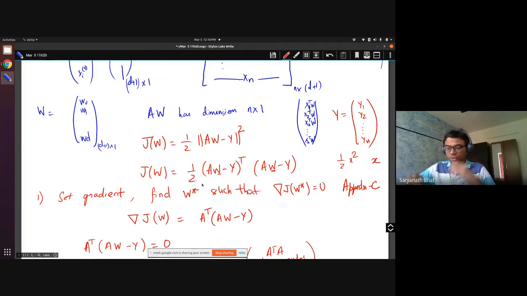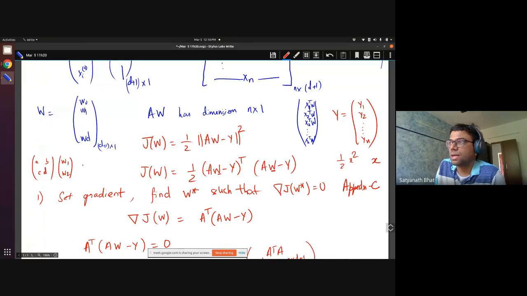Okay, so if you really want to do this correctly, I recommend you try it out on a very small example. You take W as W1, W2, your A as A, B, C, D for instance, and Y as Y1, Y2. Then you actually do this multiplication and you get some expression. What is this number, Rohit?